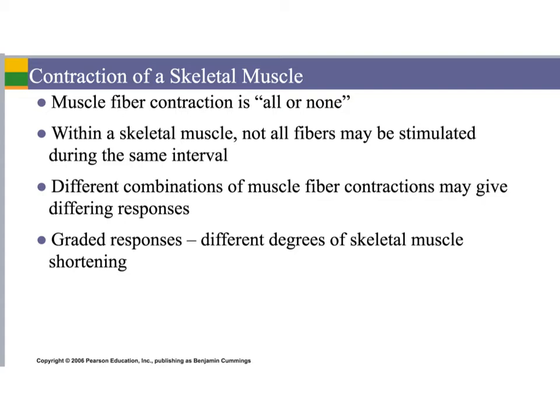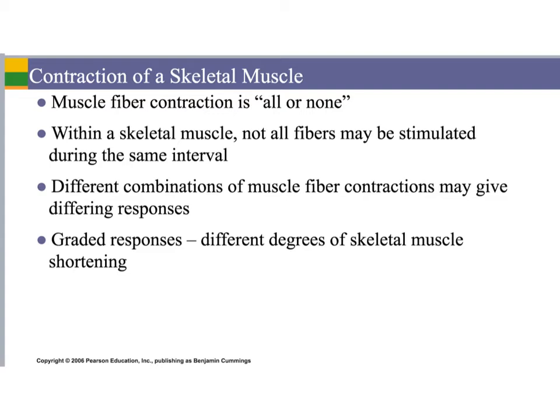So if that stimulus is strong enough to generate the action potential, that muscle fiber is going to contract, right? However, not all muscle fibers of a muscle are always stimulated, right? So we might have different combinations of muscle fibers contracting, different combinations of motor units being activated.